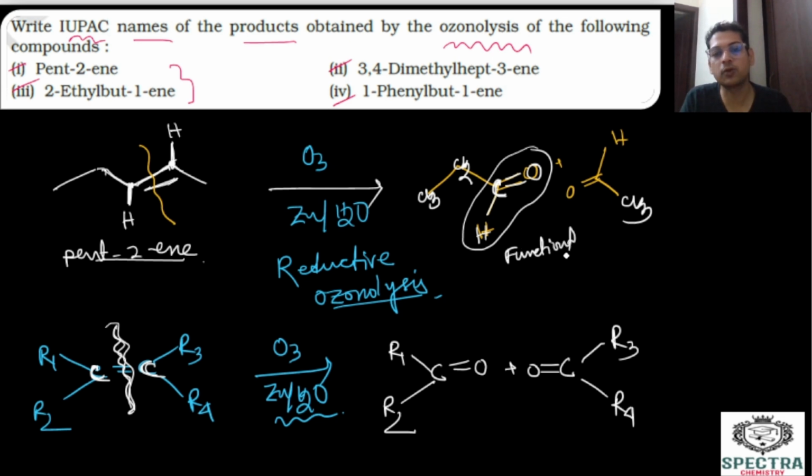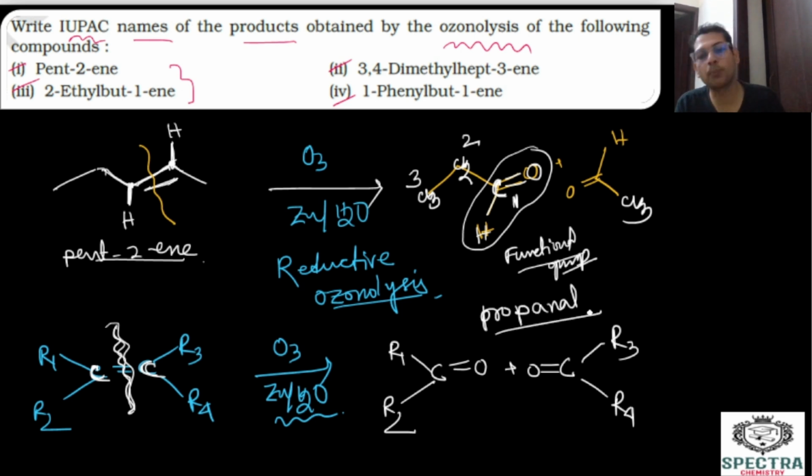So you have to start numbering from that side only. This is carbon number 1, this is 2, this is 3. That means the name of this is propanal. Aldehyde is called 'al', that's why propanal.